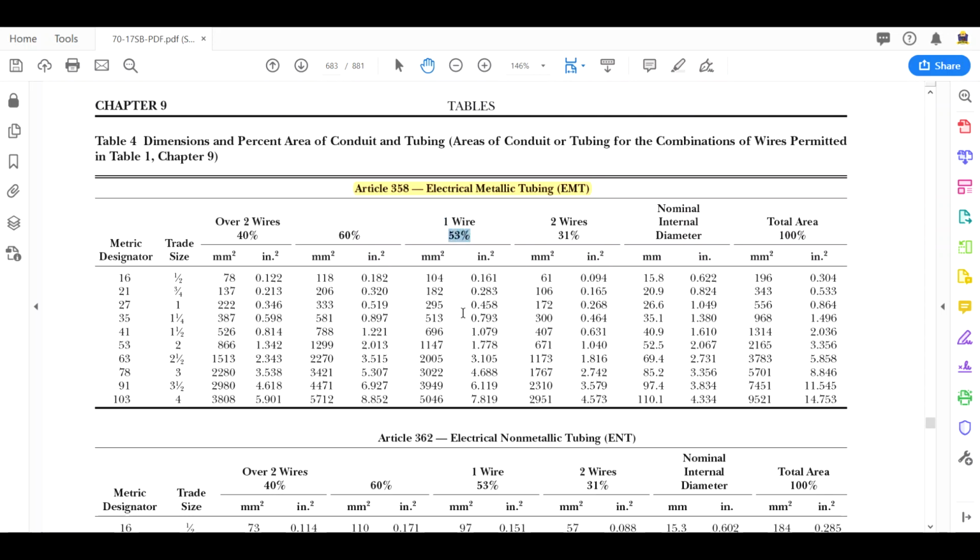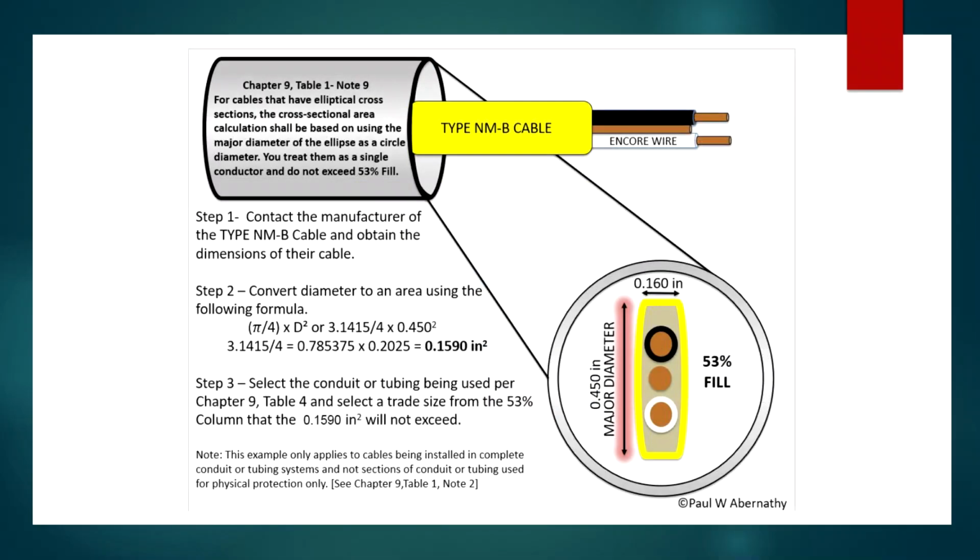So now what changed? Well, is 3/4 wrong? Not in the real world if I want to put it in there. And if you've ever pulled any NM in some raceways, you're going to appreciate a bigger raceway. But check this out. The half trade size is 0.161. So that is actually, on an exam, the accurate answer, because 0.161 is greater than our example, which was 0.1590.